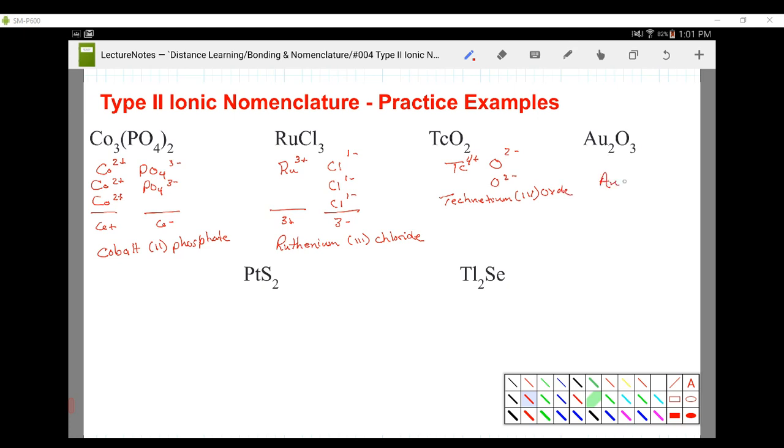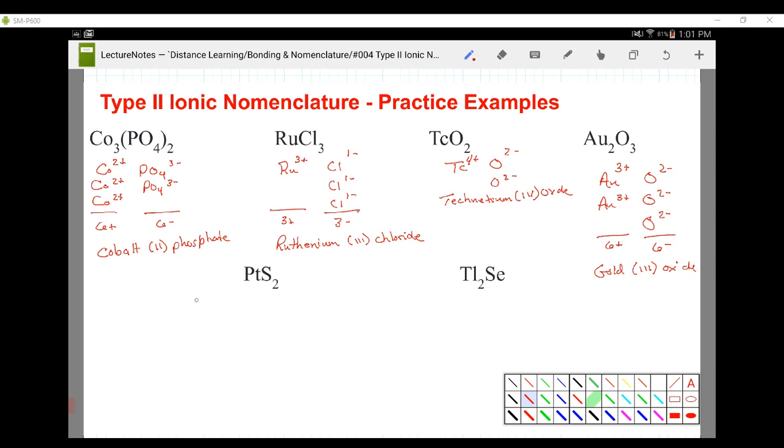Next we have gold. There's 2 gold ions. There's 3 oxygen ions. The oxygens are -2, gives us a total of -6. So each of the golds must be +3 to get a +6. So this is gold 3 oxide.